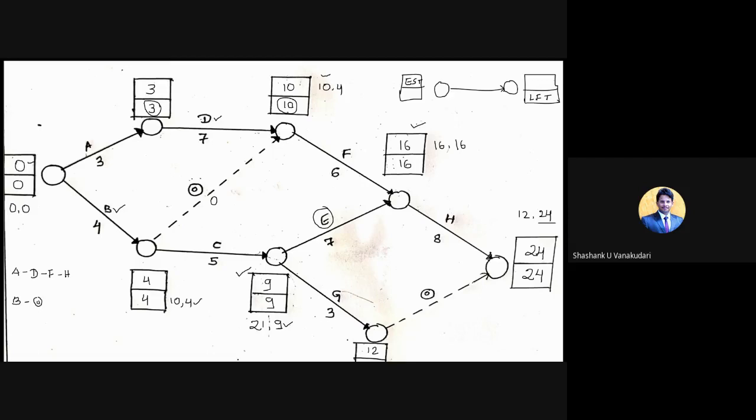Like this, and then like this it will come. So dummy activity and then again activity F, activity H. So even you need to consider the dummy activity path here, because it is considered in the network diagram.